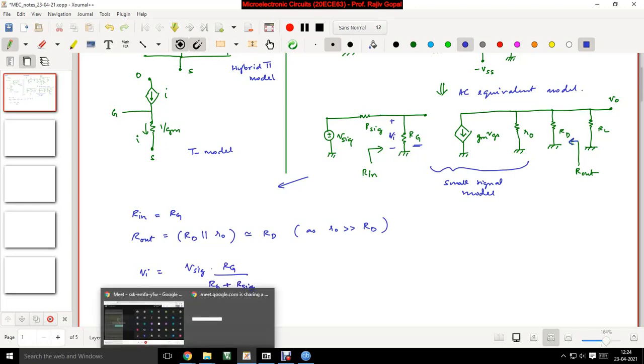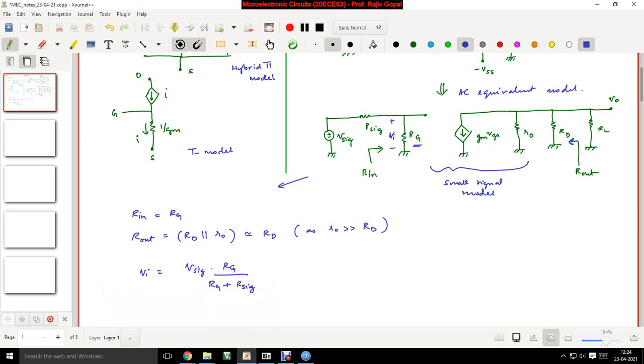This is a voltage divider configuration at the input side. Similarly we wrote V0, the output voltage, as minus gm times vgs times RD parallel r0 parallel RL. From this, the voltage gain Av is minus gm times RD parallel r0 parallel RL.